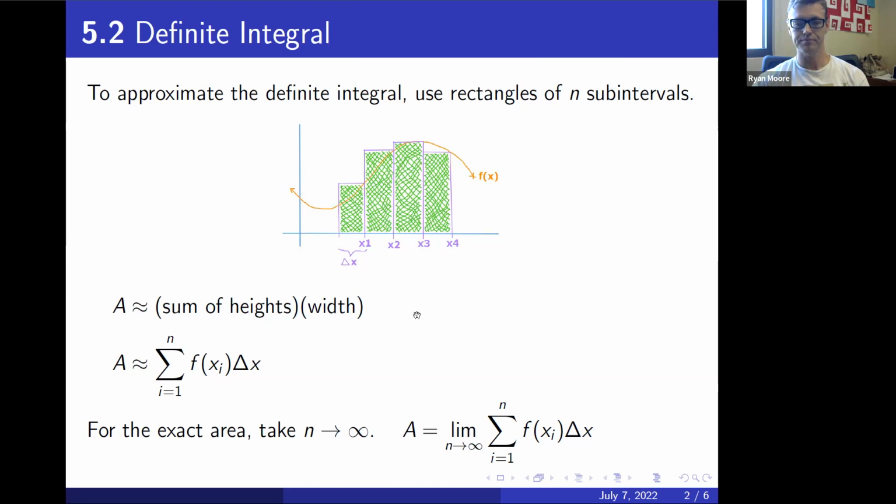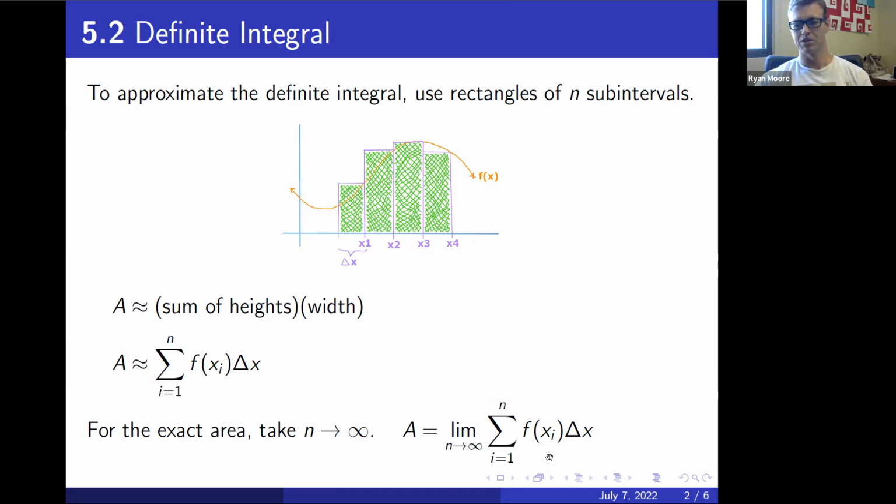If you have infinitely many, then the width of each rectangle would essentially be approaching 0. It would never equal 0, but those rectangles would become infinitely narrow. We call it an infinitesimal width, infinitely small, not zero, but infinitely small. Just keep that in mind for a little bit later.